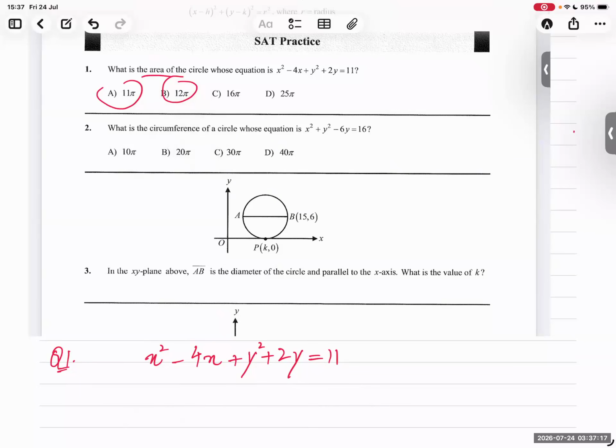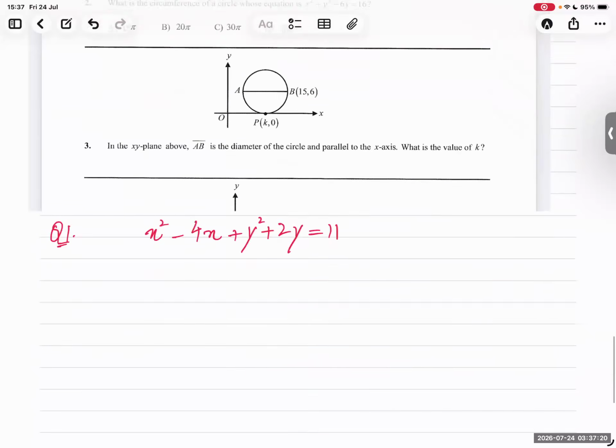What is the area? So basically we need to find the radius. How would we do this?